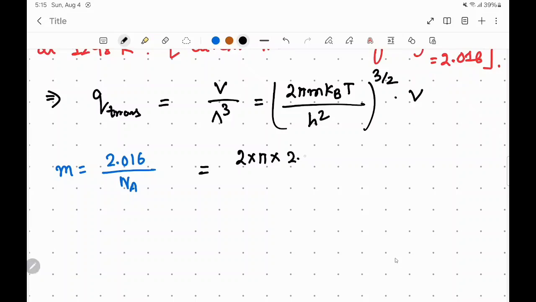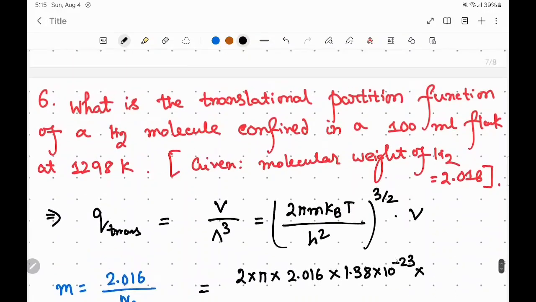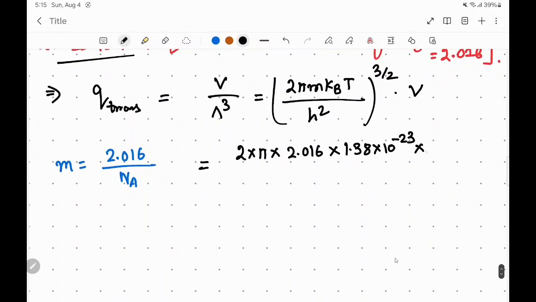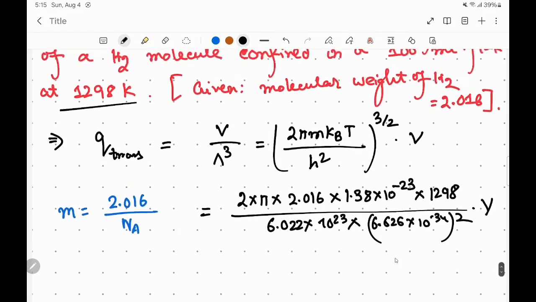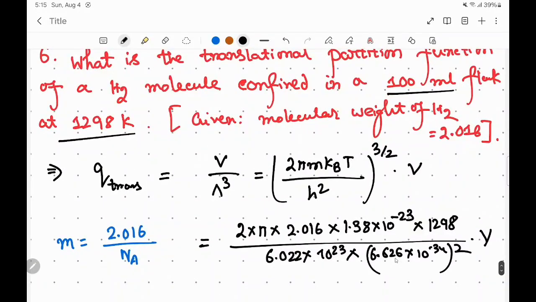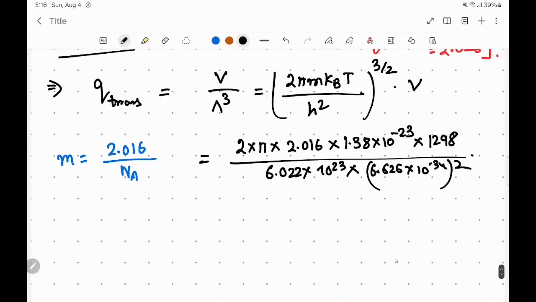So m is 2.016, kB is 1.38 into 10 to the power minus 23, and T is 298 Kelvin, divided by NA, which is 6.022 into 10 to the power 23, and h square, 6.626 into 10 to the minus 34 square, into V. Okay, V is a 100 ml flask, so that also we have to convert.